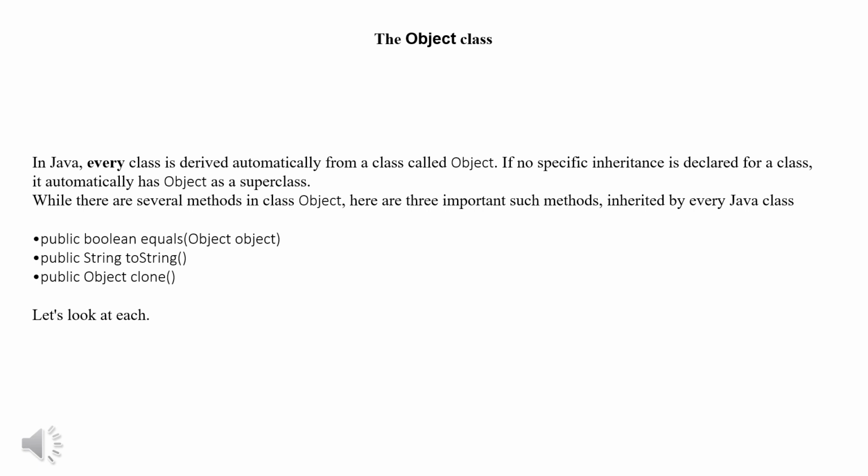The first one is public boolean equals, the second one is public String toString, and the third one is public Object clone. I'm going to explain each of these methods in more detail in the next slides.